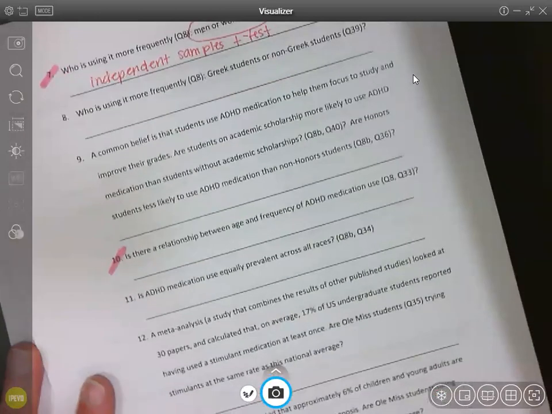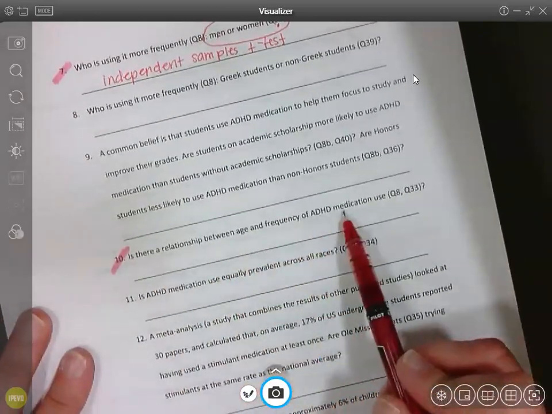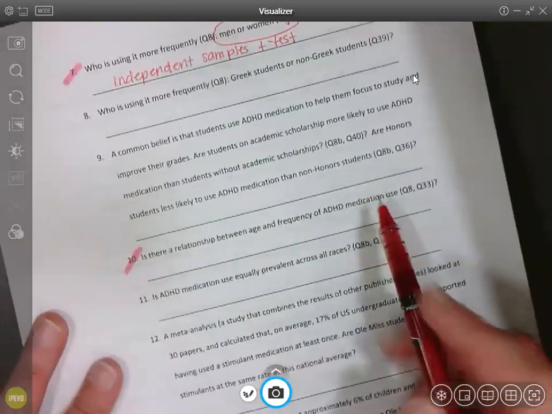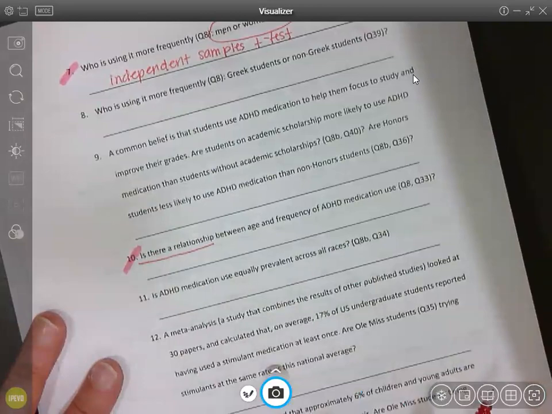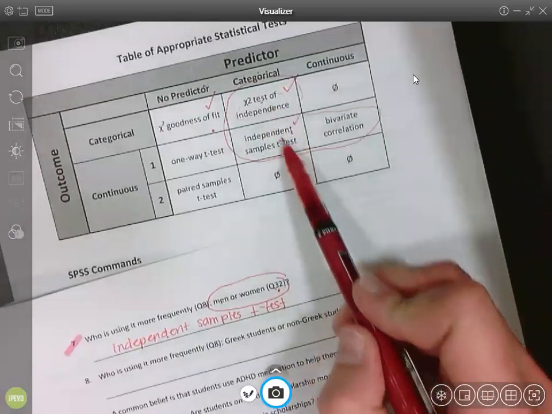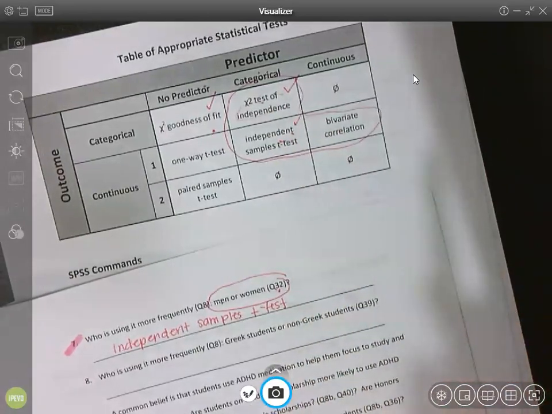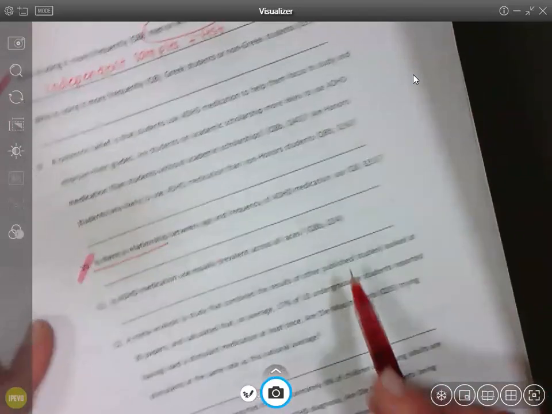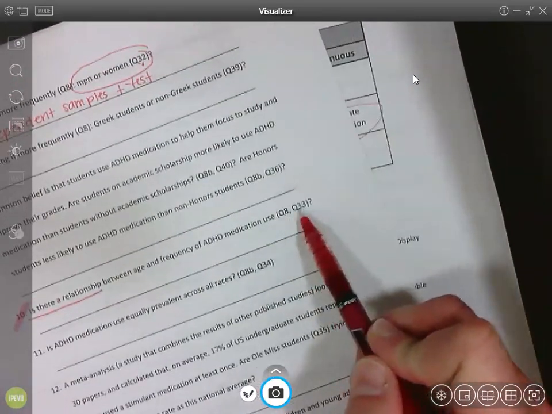The next one I've highlighted, number 10. Is there a relationship between age and frequency of ADHD medication use? Here we have that magic phrase, is there a relationship? When we see that, we basically know it's going to be a predictor. So we are back to it has to be one of these three because we have a predictor variable. The other way to ask yourself if you have a predictor is if a question has two variables in parentheses at the end of the sentence.